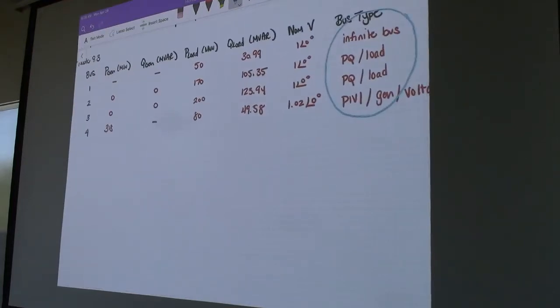Then, for our infinite bus, the only value we need is that. For our PQ bus, the values that we need are these two. For our PQ bus, again, the values that we need are these two. For our PV bus, we need this, and we need this.